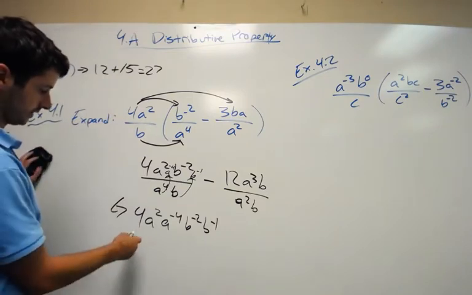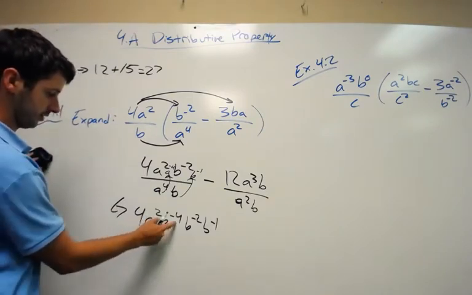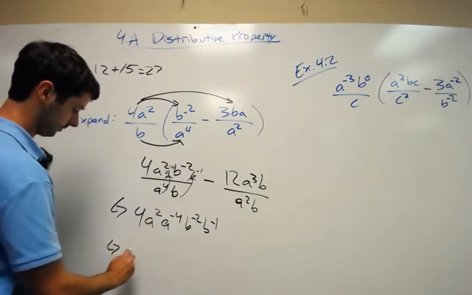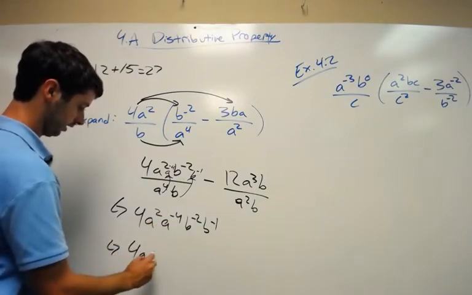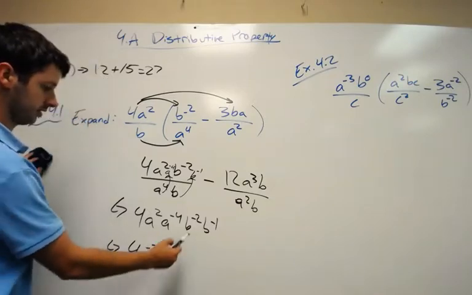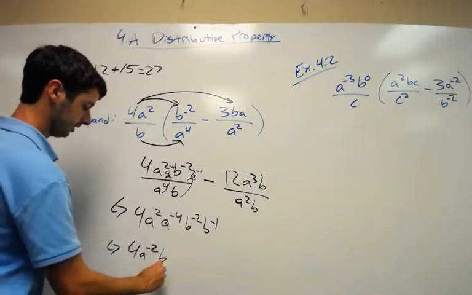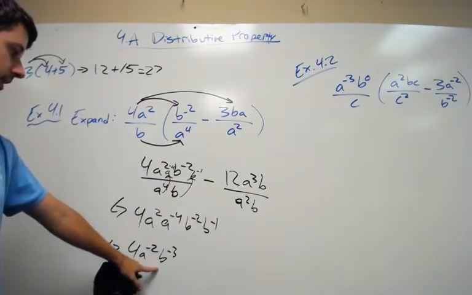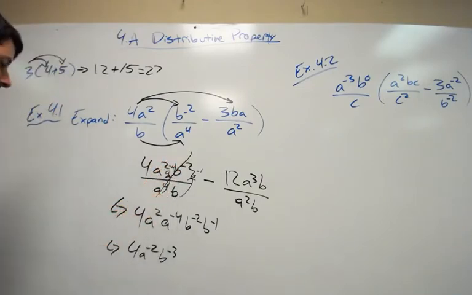We can go ahead and simplify. 2 minus 4, negative 2. Negative squared, negative 2, negative 1, b negative cubed. So 4a negative squared, b negative cubed is that part of the expression simplified.